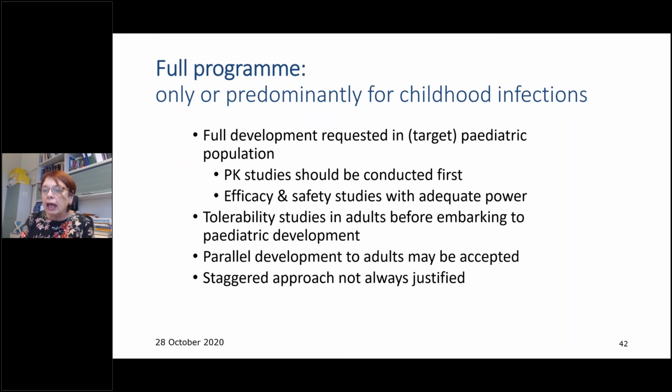The reason being that a staggered approach may not be justified, because very often you can't actually extrapolate data from adults to children, and then the pediatric development is significantly delayed. Currently it takes about 10 years before drug dosing recommendations or the indication will be approved in children, and this is certainly not acceptable with antimicrobial resistance increasing.